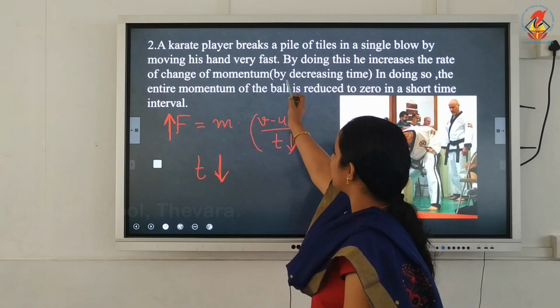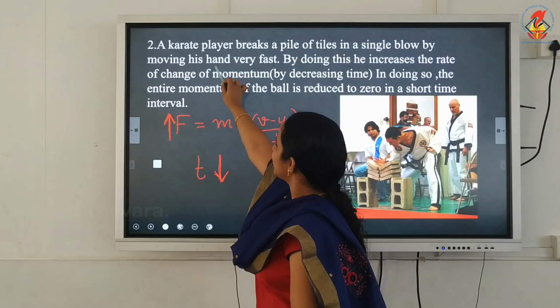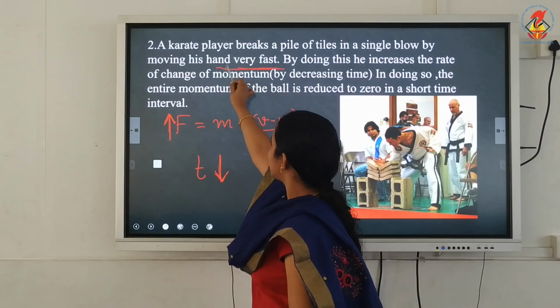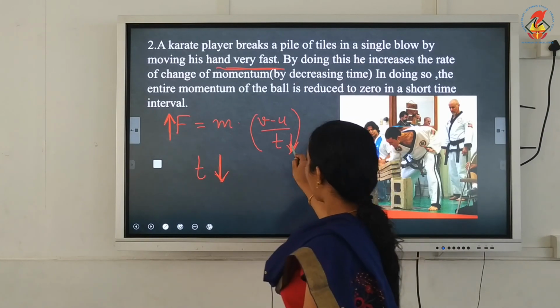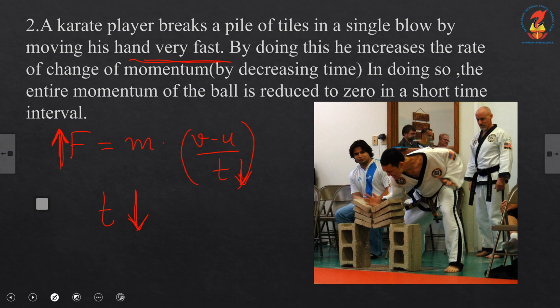So by moving his hand very fast, he is decreasing the time, and in turn the force gets increased, and this larger force will allow him to break the pile of tiles with a single blow.